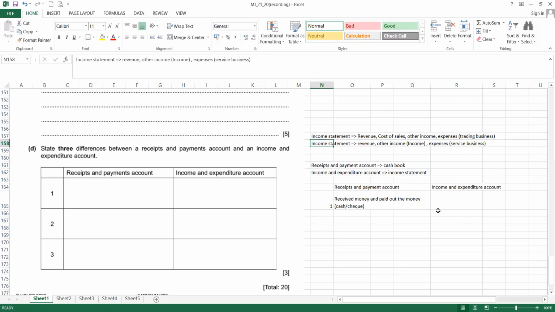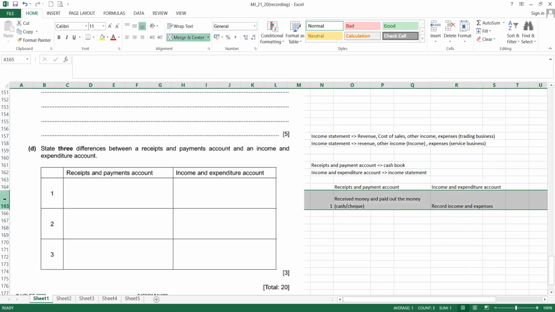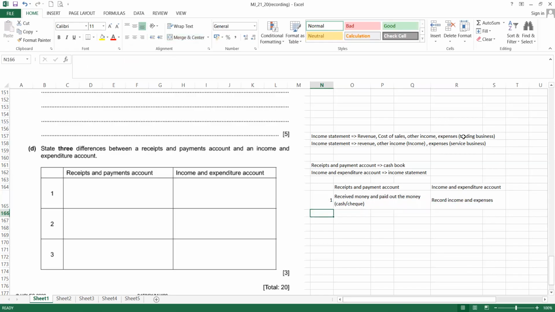So you don't go and talk about cost of sales in here. Record income and expenses. Don't talk about cost of sales. There is a difference between a service account and a trading business.